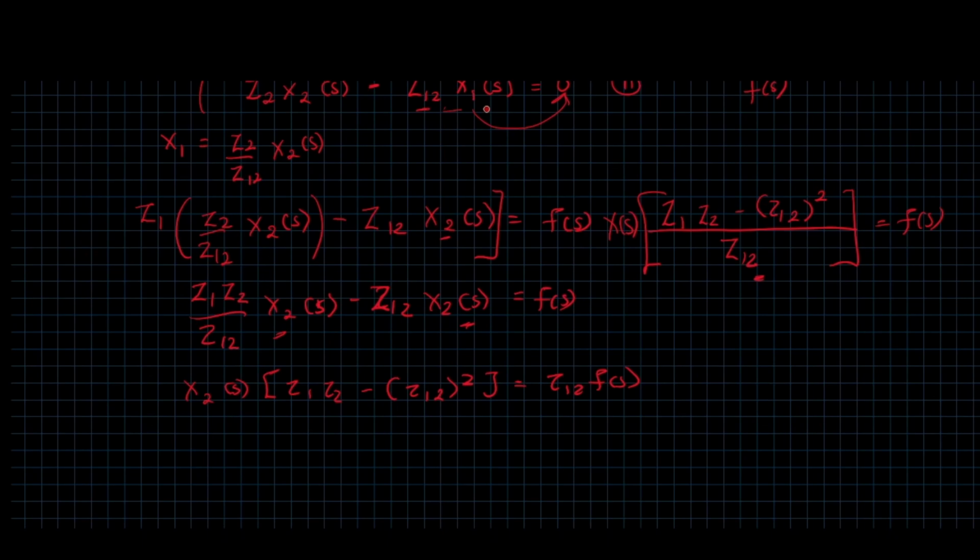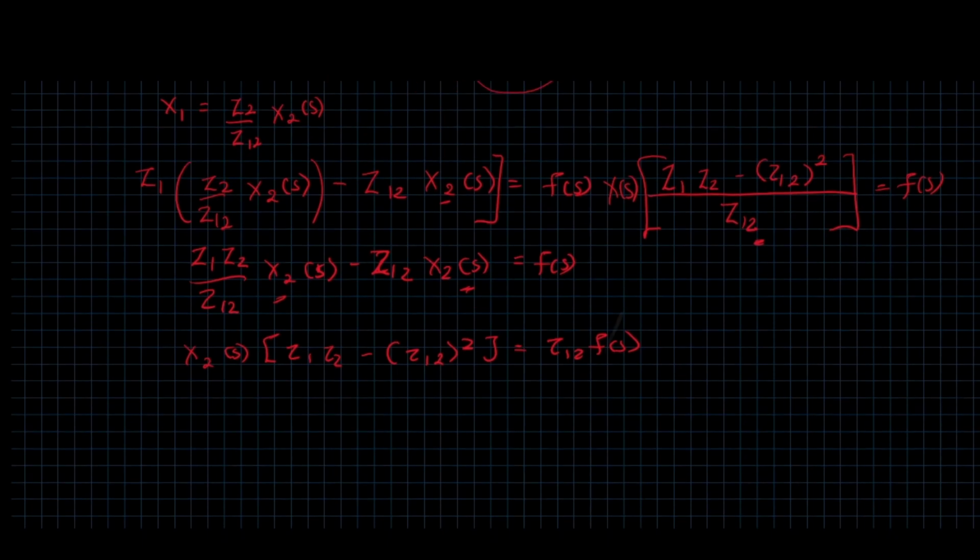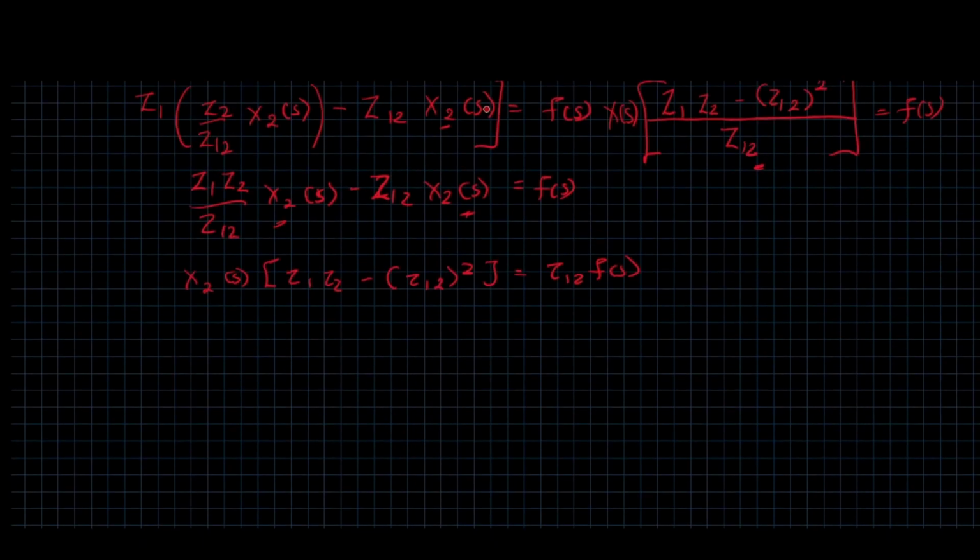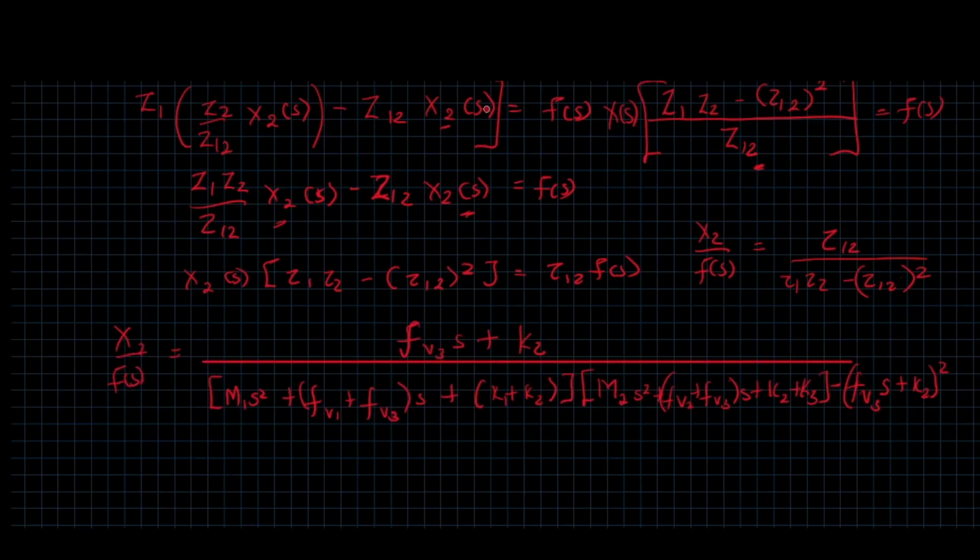That's what I substituted them into this to make this calculation easier. Before that, you can just write X2 over F of S is equal to Z12 over Z1 Z2 minus Z12 squared. So this will be your final answer.